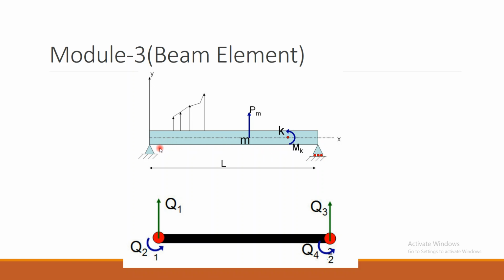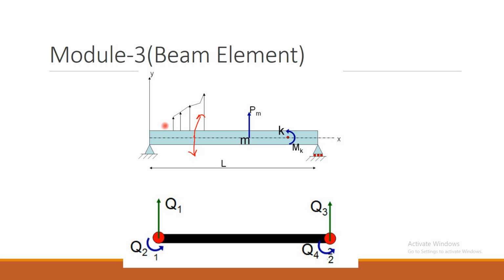Like that the support conditions exist, and coming to the deflection quantities, we have two. One is deflection in the y direction, another one is angular deflection. That we are familiar with when we consider any beams. It may deflect in this way or in this way, that is in the y direction.